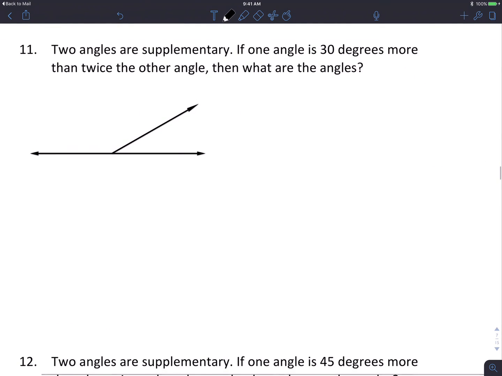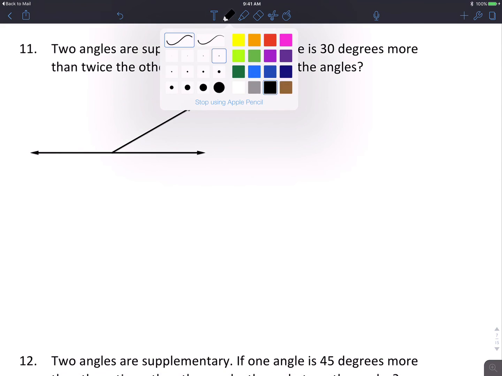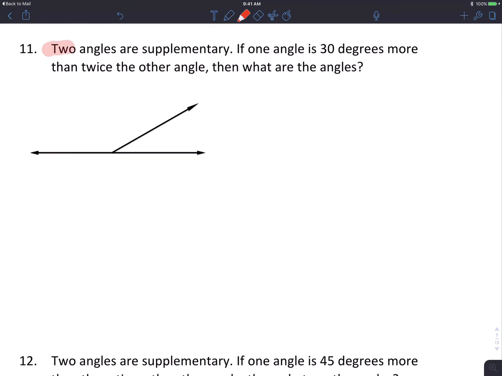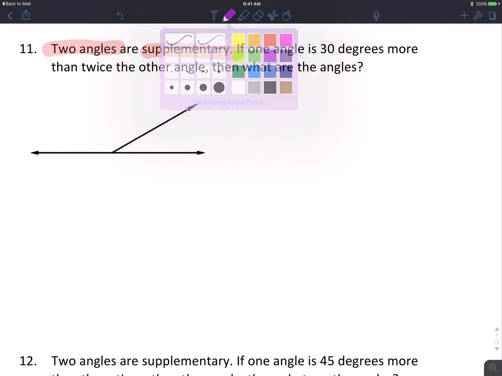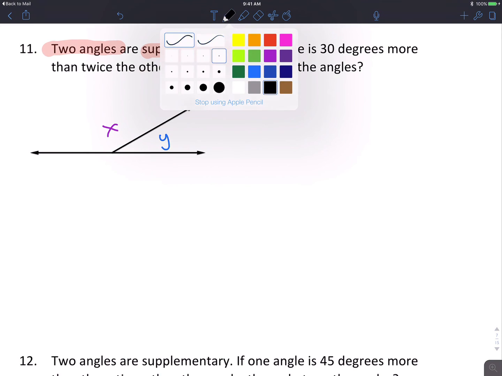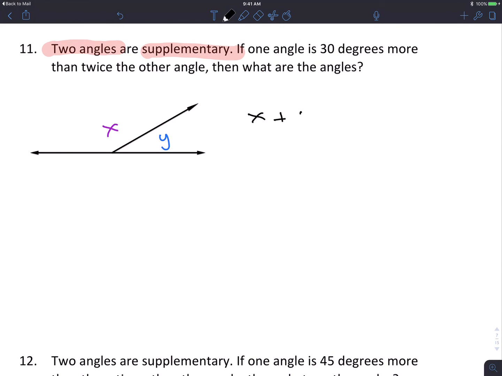Number 11 is two angles that are supplementary again. So let's look at this. x and y, x plus y will be 180 because the angles are supplementary here.